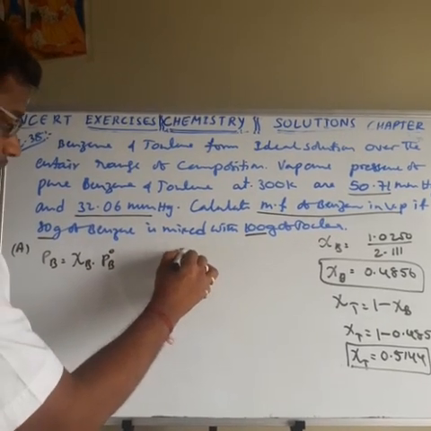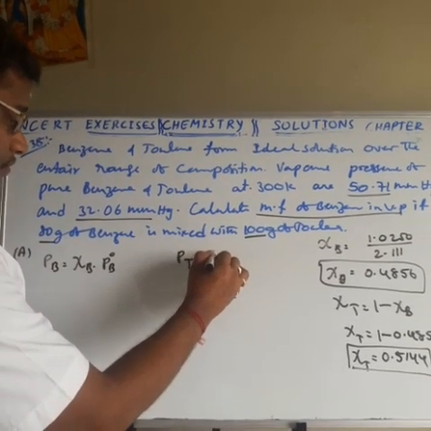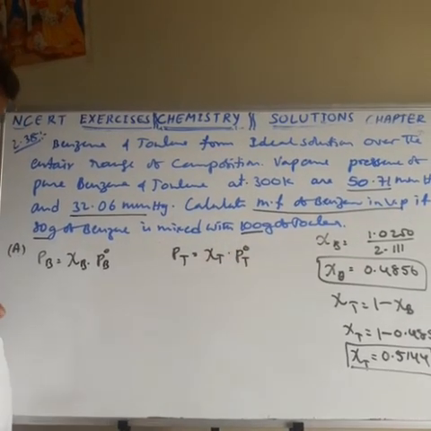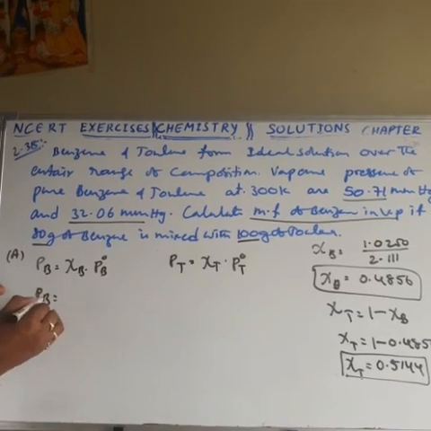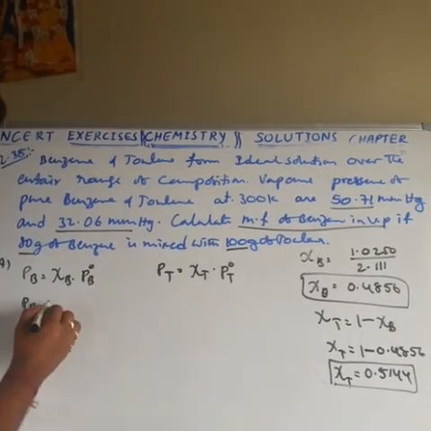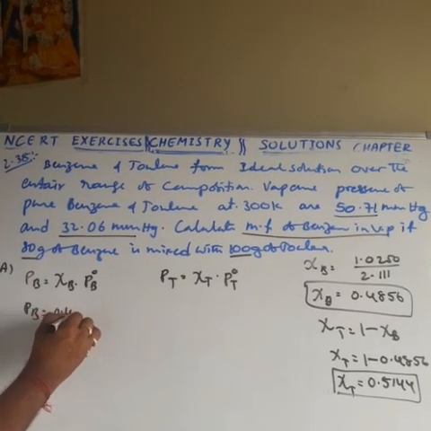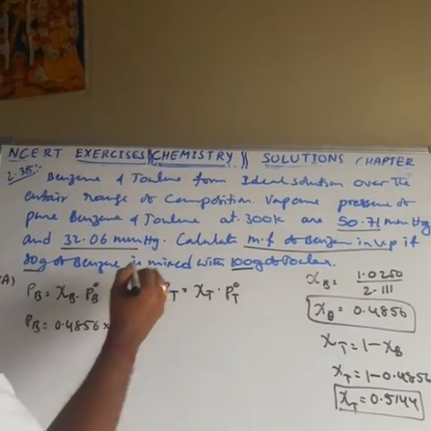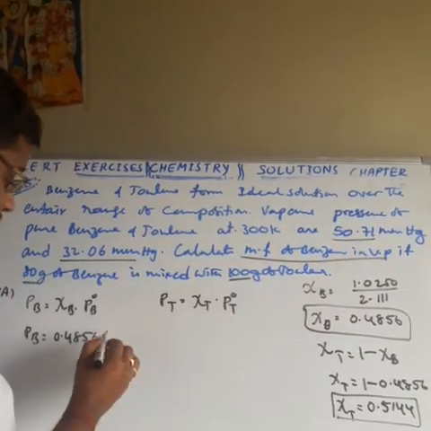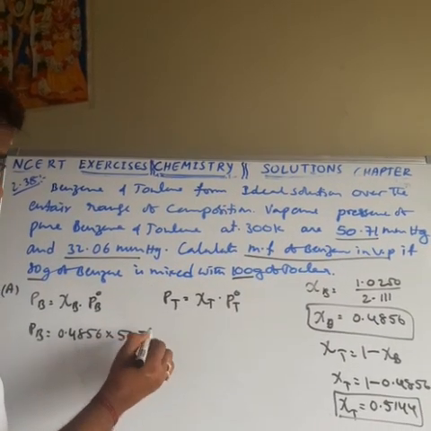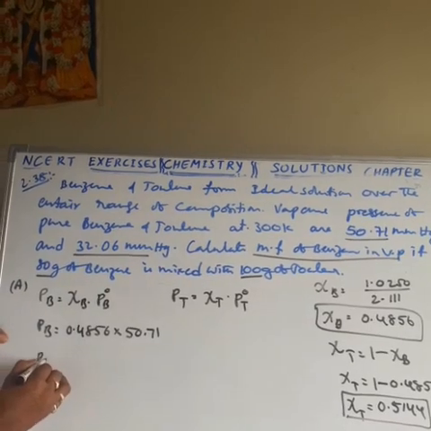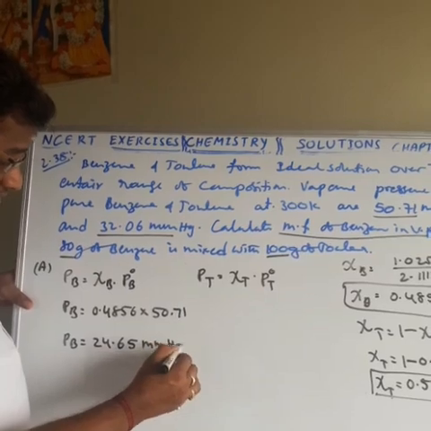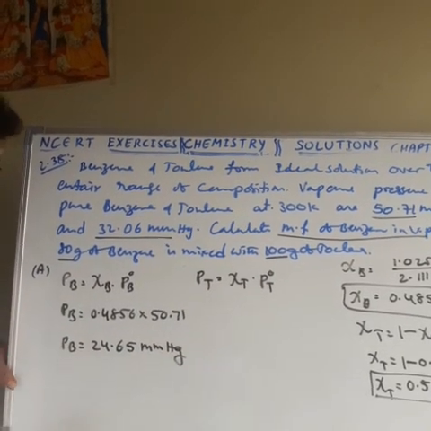Like that, partial pressure of toluene is equal to mole fraction of toluene into vapor pressure of pure toluene. Here, mole fraction of benzene is 0.4856 into 50.71, its value is 24.65 mm of Hg. That is the partial pressure of benzene.